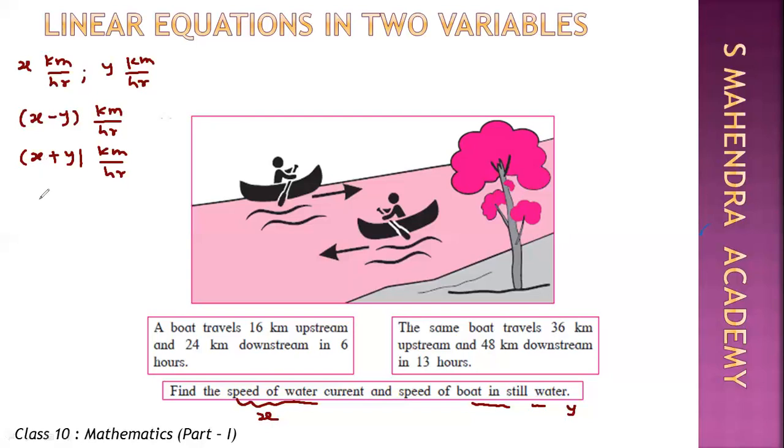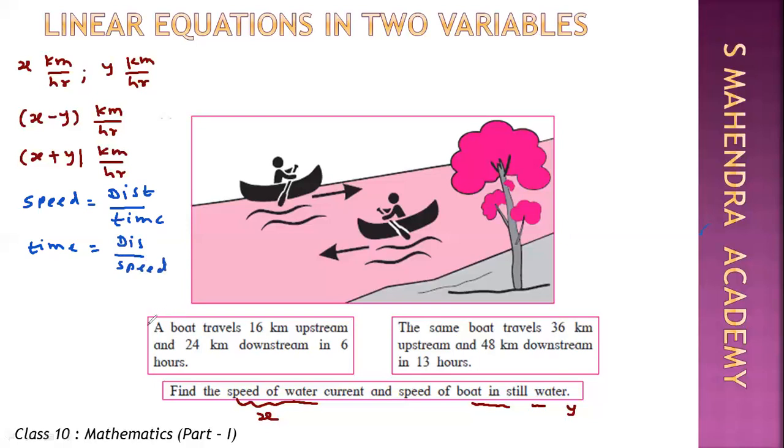Now we know the speed is equal to distance traveled divided by time. So for calculating time, we have to convert this equation as distance traveled upon speed.